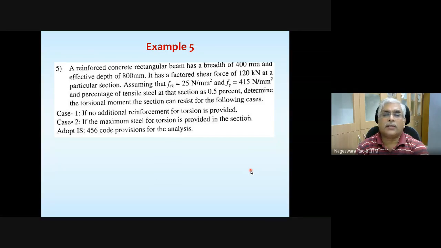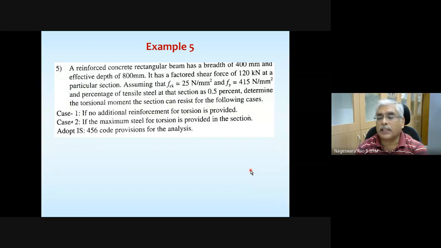So let's go through this quickly. Reinforced concrete rectangular beam, width is 400 mm, effective depth 800 mm, factored shear 120 kilonewtons at a particular section, and grade of concrete is given, grade of steel is given, percentage of tensile steel is mentioned here.